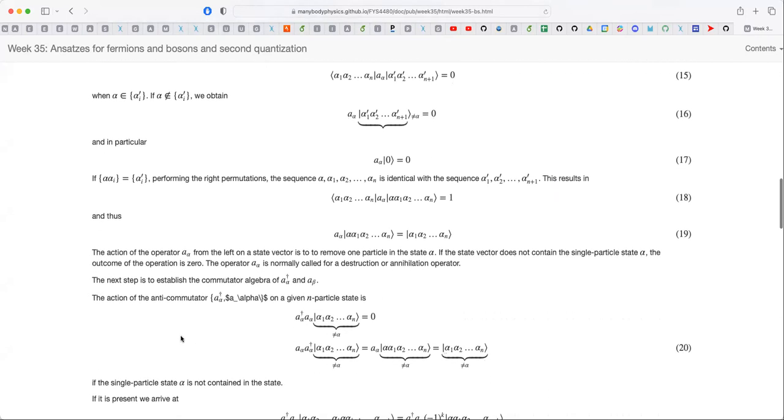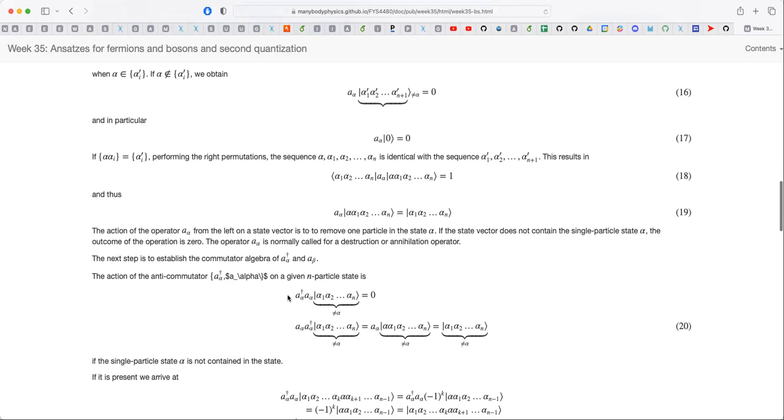last week, is to look at the relation between A alpha dagger and A beta. So if you now look at the commutation operation on this specific state, if this state alpha is not contained here, then if it's different from alpha, we know that the action of this A alpha has to be 0, because that state alpha is not contained in here.